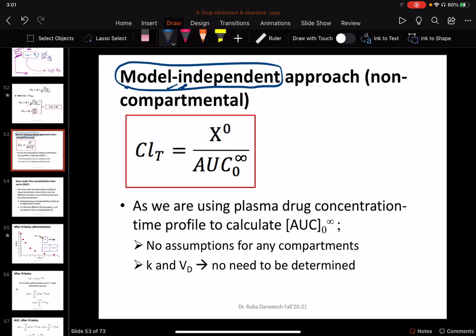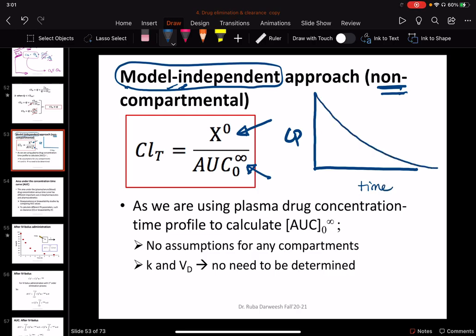Okay, so again, it's a model independent or non-compartmental definition of the clearance because we are using for it dose over total area under the curve. Again, the dose is the given or the initial amount. For total area under the curve, if you're talking about CB versus time, we have this for IV bolus, or other profiles for other routes of administration.